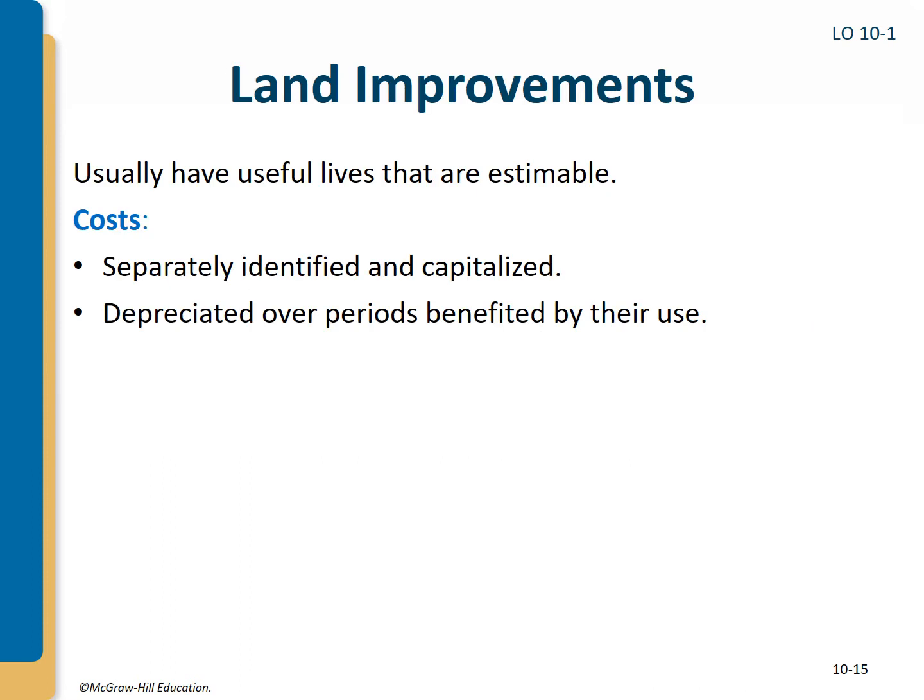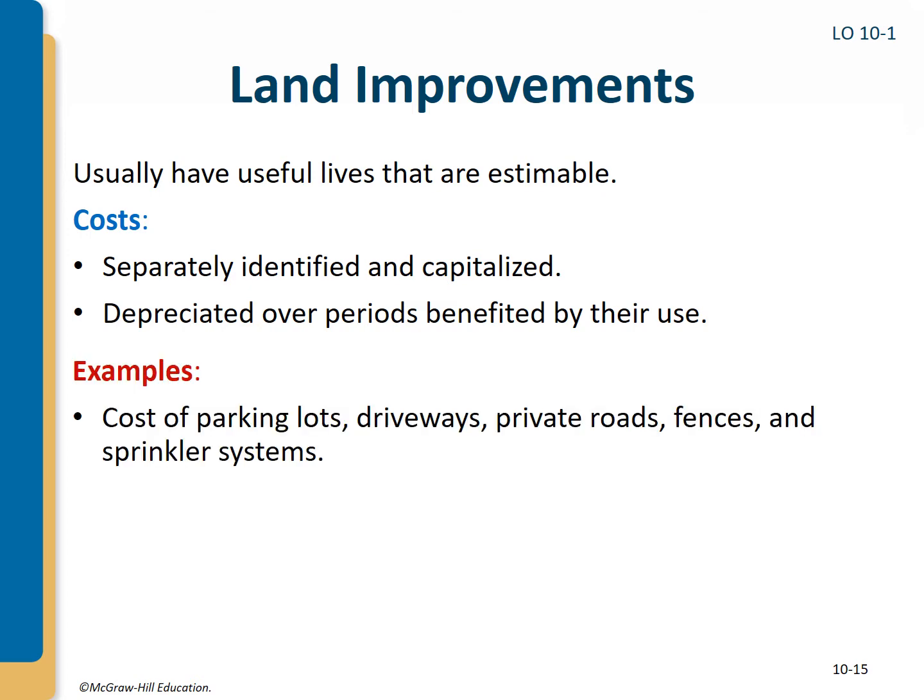Land improvements usually have useful lives that are estimable. They're separately identified and capitalized, and they're depreciated. And we talked about the common examples: parking lots, driveways, roads, fences, sprinkler systems, lighting systems, signs.